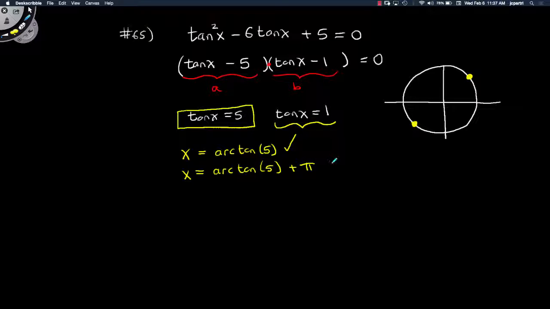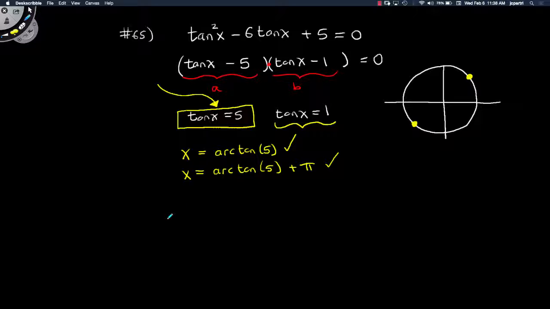How do I know to use arctangent? Did Mr. Partridge have you memorize when tangent equals 5 on the unit circle? The answer is no. Therefore, arctangent's the only thing you can do. If it's not one of the special angles that you memorized, the only tool you have is the arctangent.